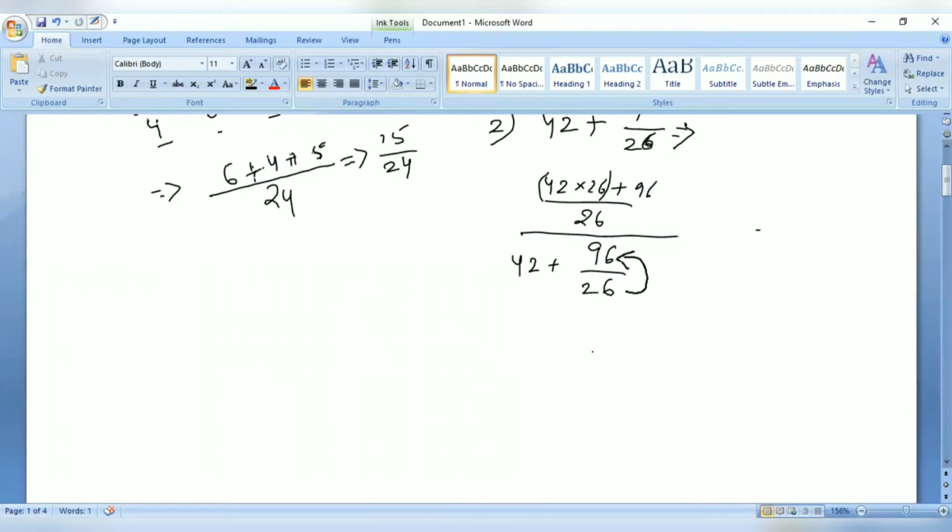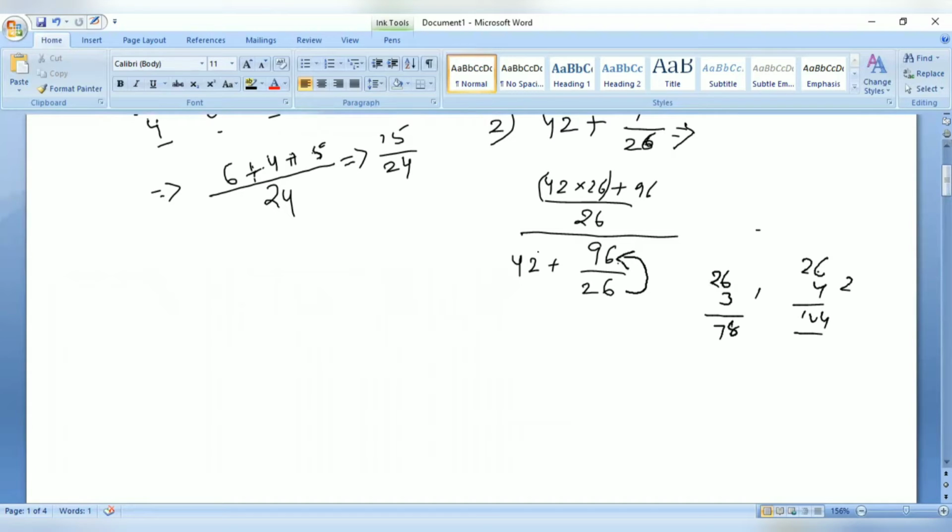How many times can you take 26 out? For example, 26 into 3, what is the value? 3 6s are 18, 3 2s are 6 plus 1 is 7, so 78. Or 26 fours, if you take, 4 6s are 24, so the value is increasing. So 26 threes is 78.